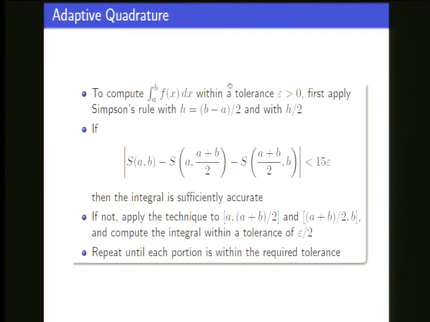If you think about it, what does the user want to say? If you were to use this function, you would like to say, I'd like it to be accurate to 3 digits, right? You'd like to give it a tolerance. So let's say we do that instead. You're saying that I want epsilon equals 10 to the minus 3. And here's the algorithm. Well, you run Simpson's rule on the big interval and dividing h by 2.